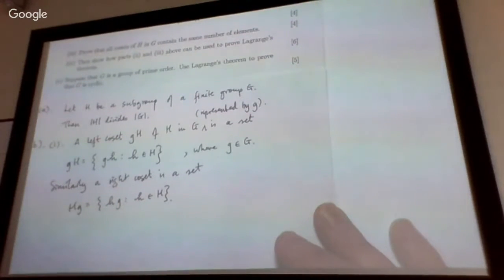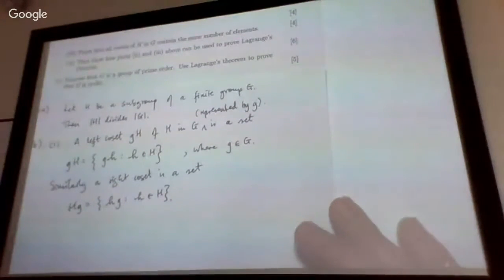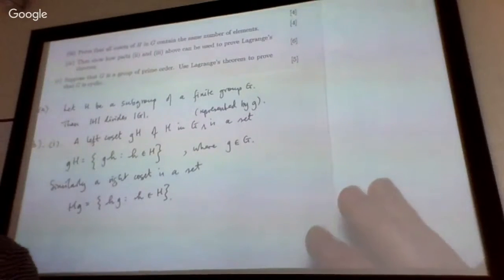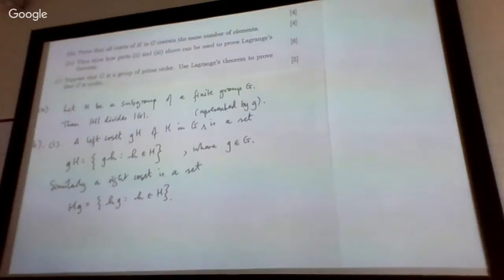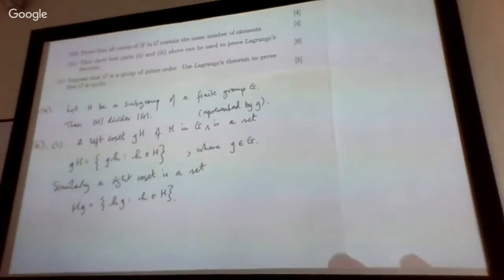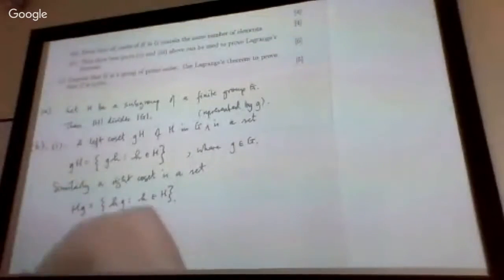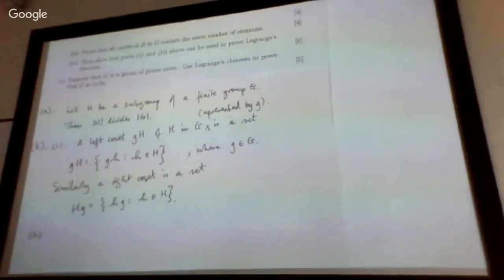Normal subgroups are the special case where they coincide. Normal is special, that's a strange thing to say, but it's true. Okay, should we proceed? Does that spark any questions in your mind?